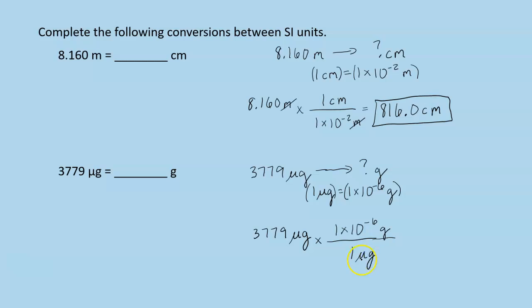And then the microgram units can cancel because we've got them on top and on bottom of a fraction. Then plug this into your calculator, and you should get back 3.779 times 10 to the negative 6th grams.